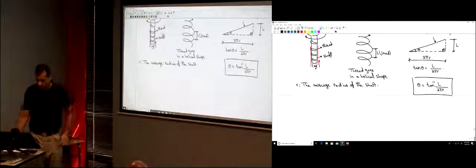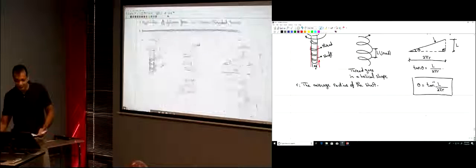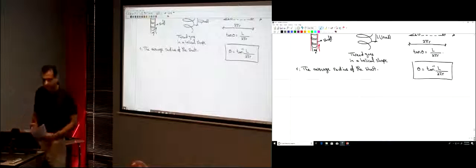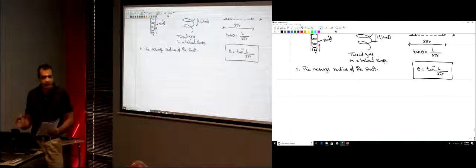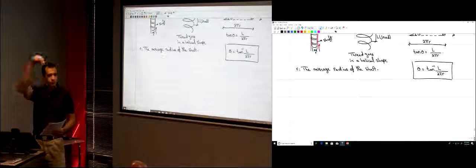So this is theta now. As we said, what's the purpose of this screw? The only purpose of this screw in life is you apply a moment to move it up or down.